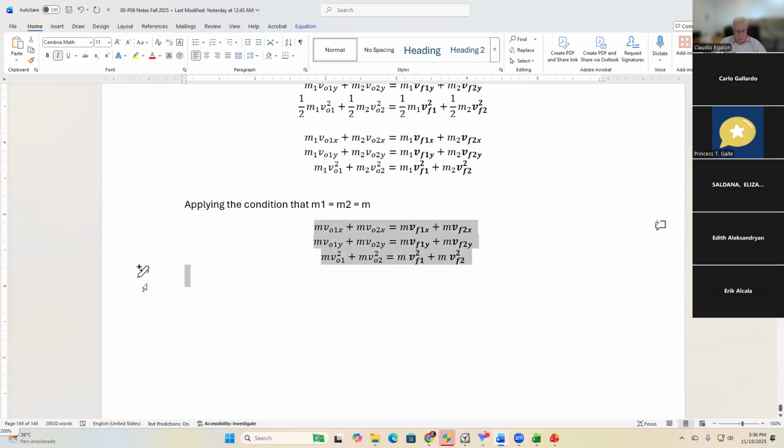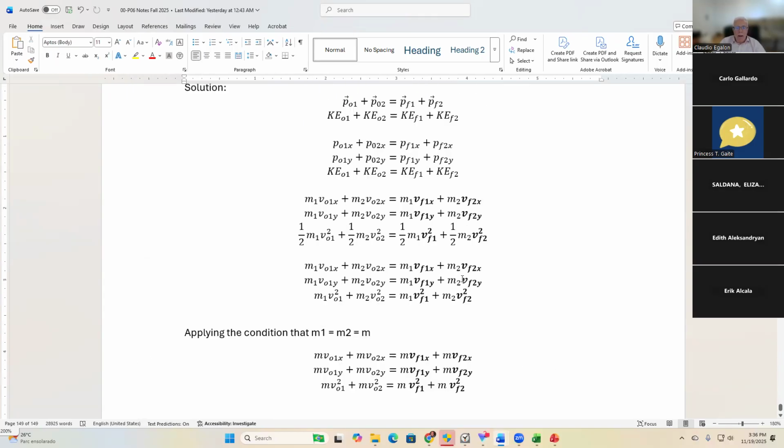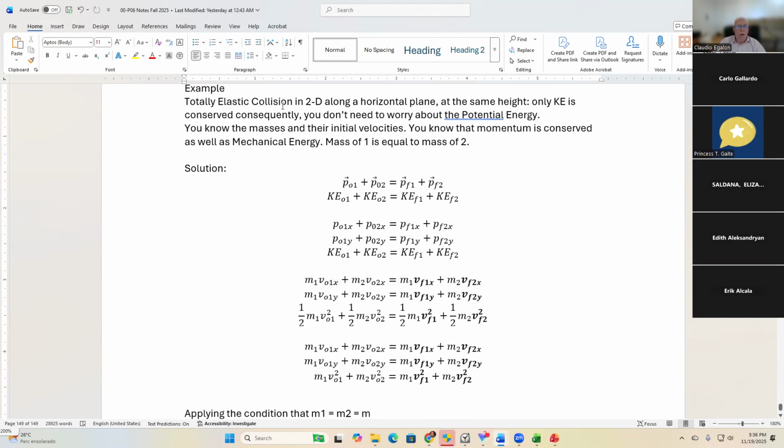The three equations have that mass canceled out. Let me put it here. Totally elastic collision along the same height.